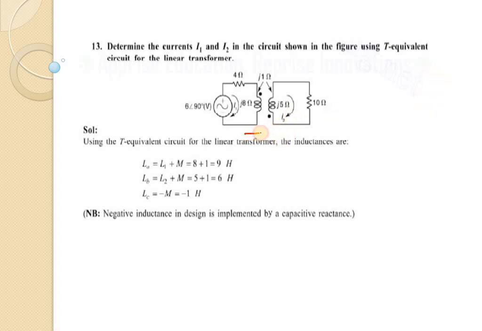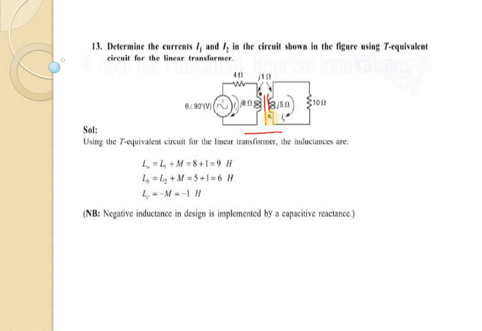This type of circuit is known as a linear transformer circuit, where mutual induction is happening, and we can see that the dots are in opposite directions. That means the mutual induced EMF will be in the reverse direction.